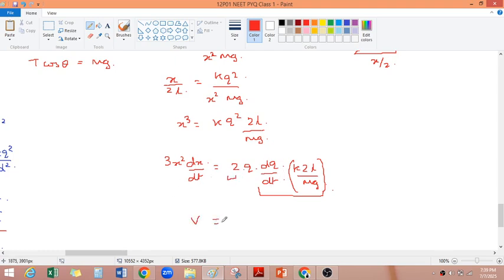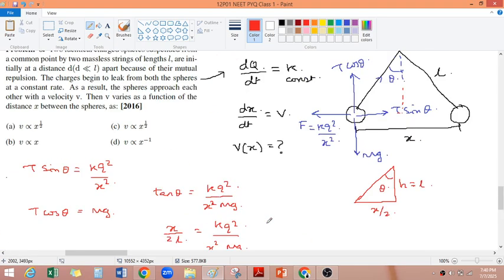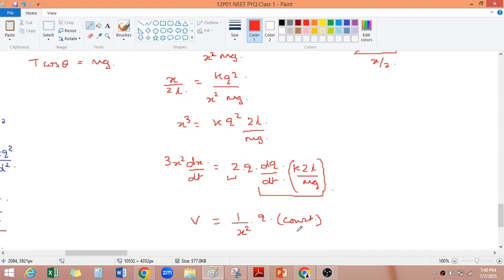So velocity is equal to, this 3 is also a constant. So x squared will come in the bottom. And then q will be in the top and some constant. So I don't care about the constant because in the options I have only proportionality, so I don't have to worry about the constant. So q squared, replace q in terms of x and you will get the answer.